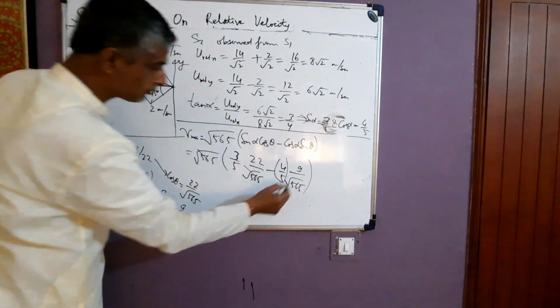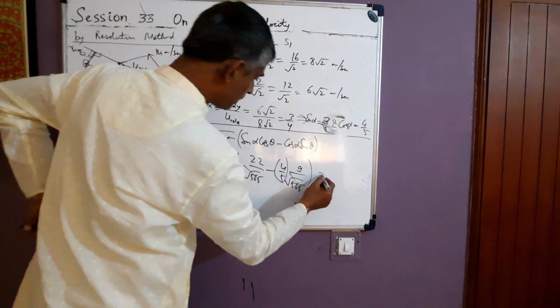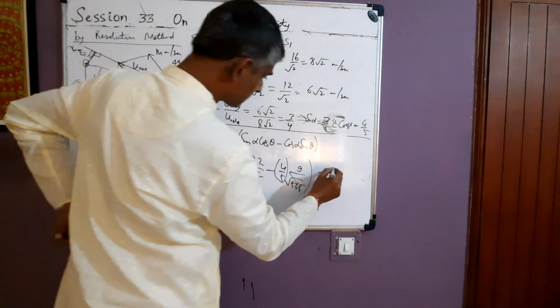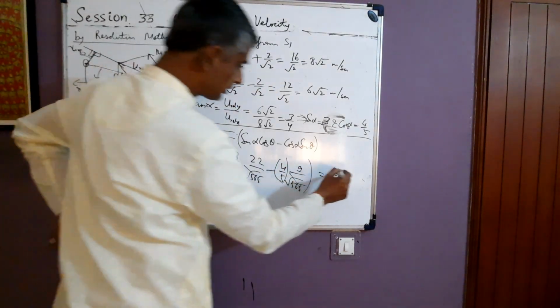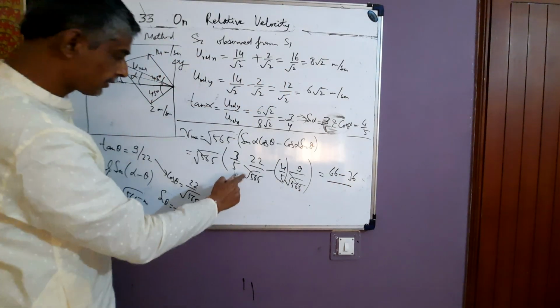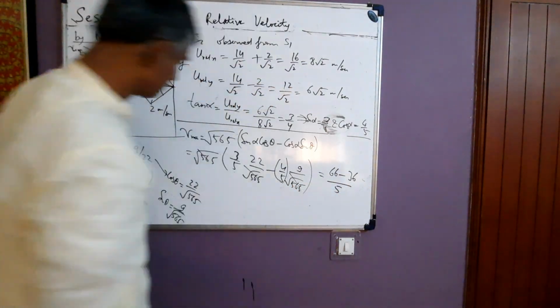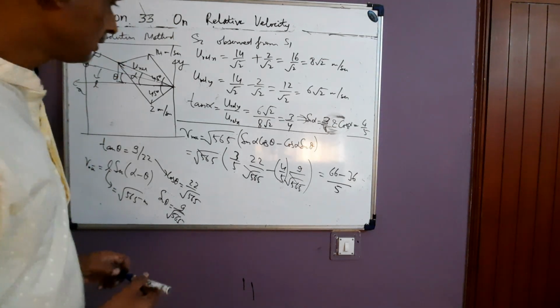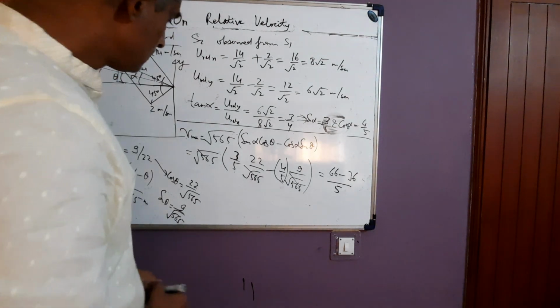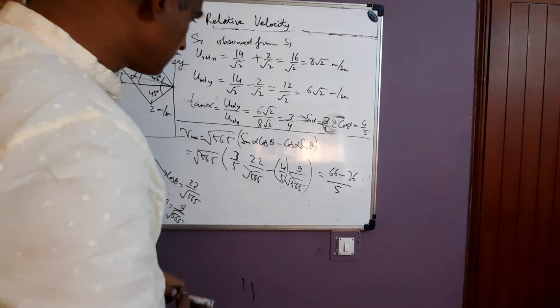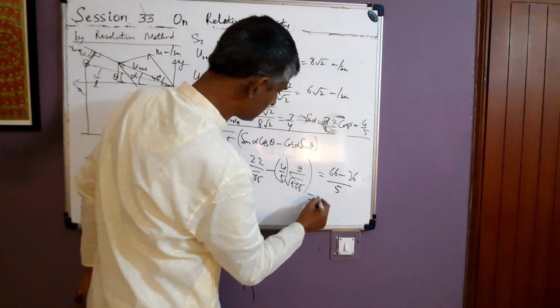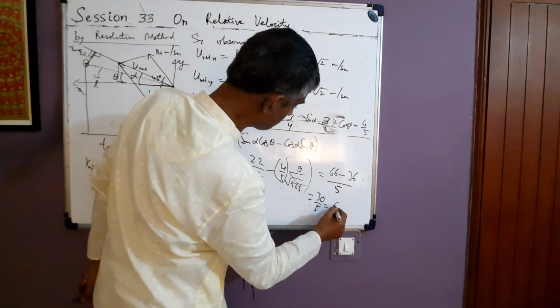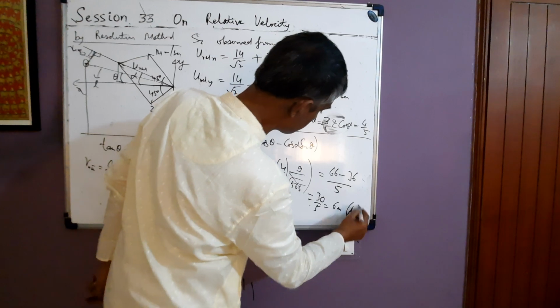Okay, root 565 goes away. So how much will this be? 22 into 3, 66, minus 9 into 4, 36, by 5. 66 minus 36 by 5. Okay, fine. So 30 by 5, that is 6 meters. Same answer I obtained again.